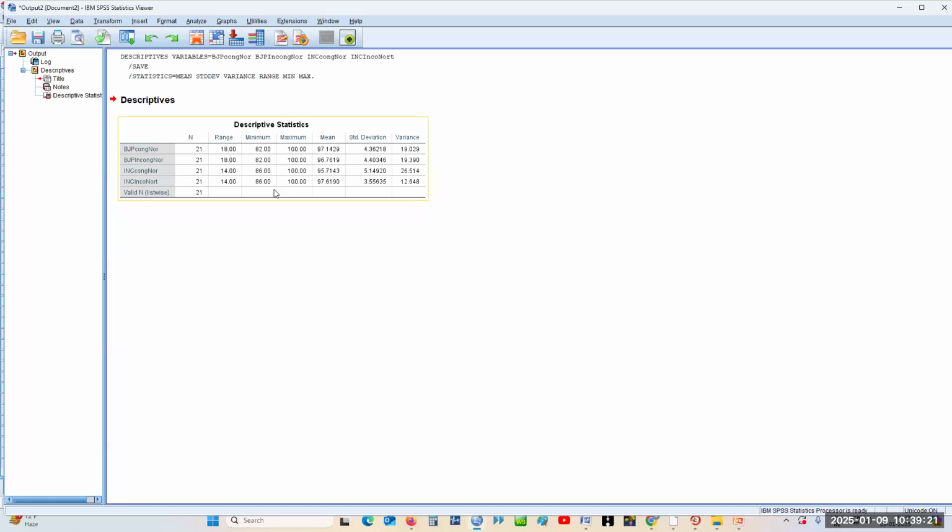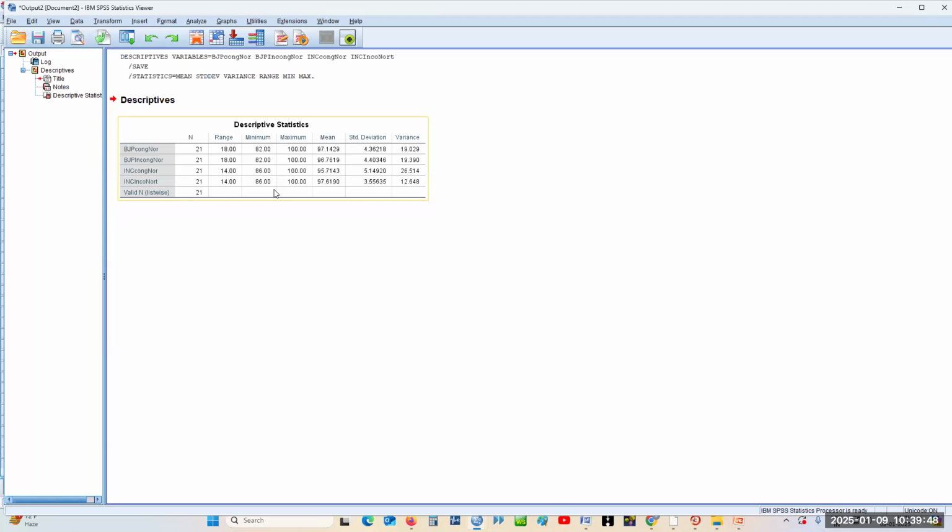So that is what exactly we describe. We can't explain why, and we can't establish what the correlation is between congruent and incongruent. That is why we go for inferential statistics to establish the correlation between BJP, INC, congruent, and incongruent. That is what we call correlational statistics.